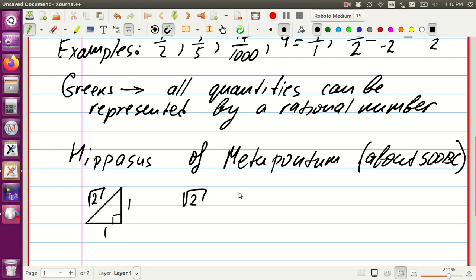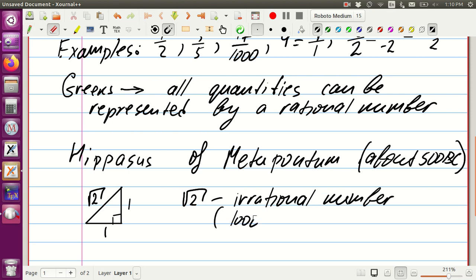And square root of 2 is an irrational number. You can look up the proof. It's a really interesting proof. It's not hard, really logical and interesting. If you're interested, ask me, we will prove it together.